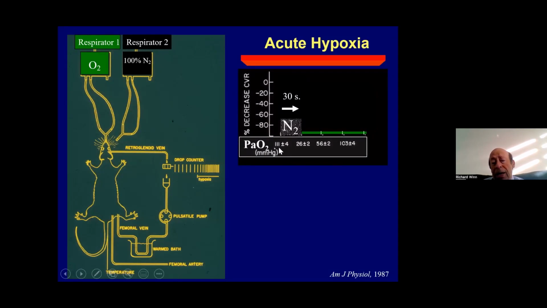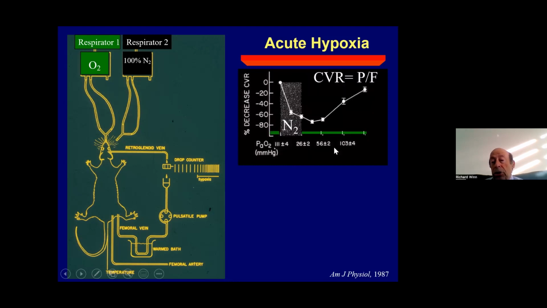So here's the PaO2 in the rat. We gave the challenge of 30 seconds breathing the 100% nitrogen. You can see the PaO2 starts over 100. By the end of 30 seconds, it's at 26. And then we restored back to the first respirator, and oxygen in the blood rapidly increases. Here's the changes in cerebral vascular resistance, which is the inverse of flow.